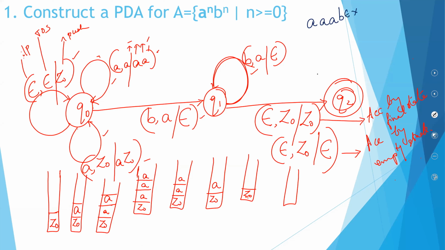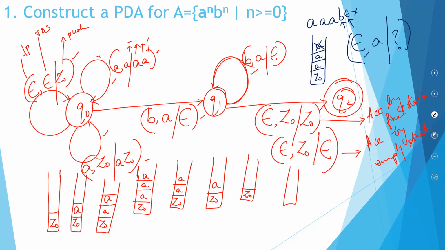You put in Z0, you put in A, you put in your second A, you put in your third A, and then you encounter your first B, which means you pop out this. And then you come to your epsilon. You have encountered epsilon.